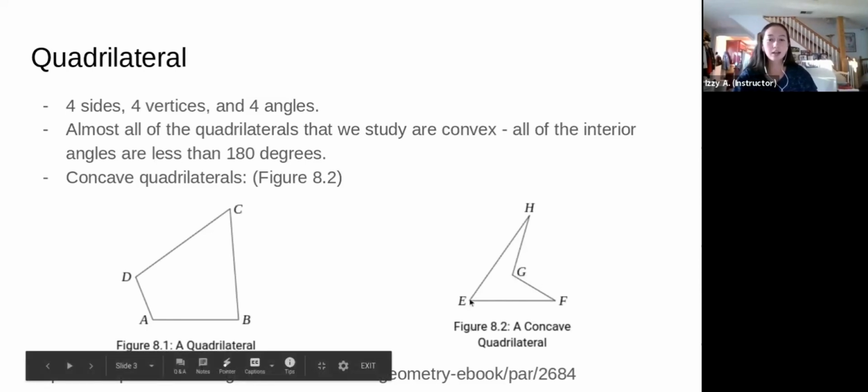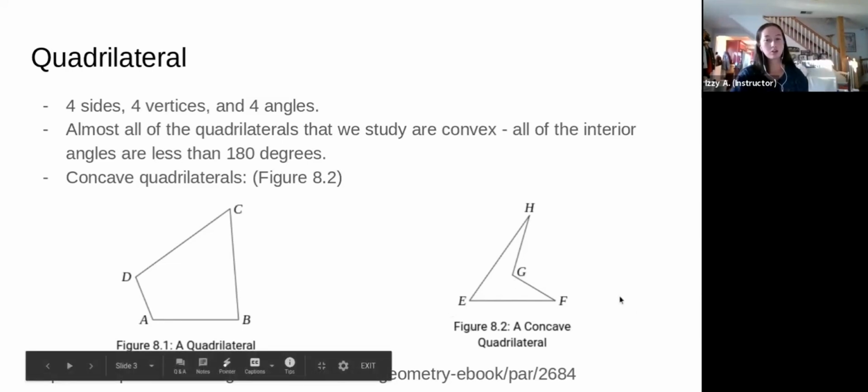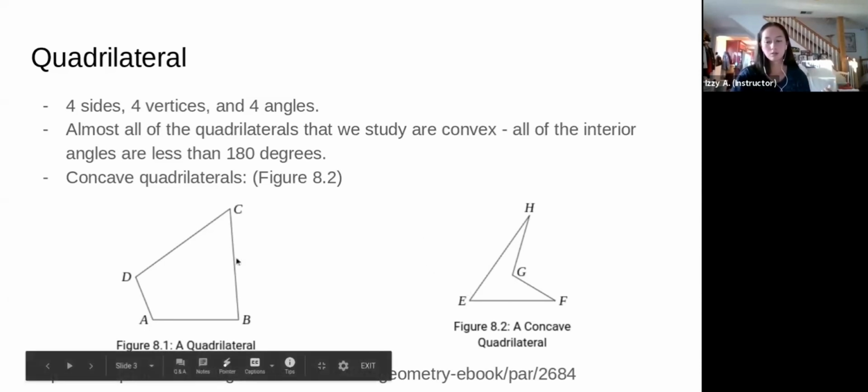You can see that angle E, angle H, angle F, angle G, all of them have angles less than 90 degrees. So then that makes them, wait, no, yes. Oh, okay, actually, no, I take that back. What did I say, G? No. H and F are acute angles, so then that makes it a concave quadrilateral.